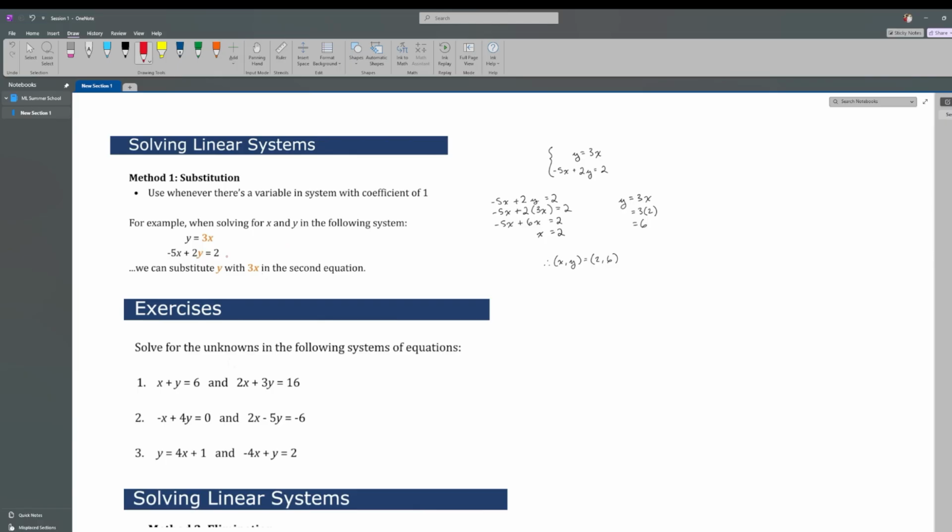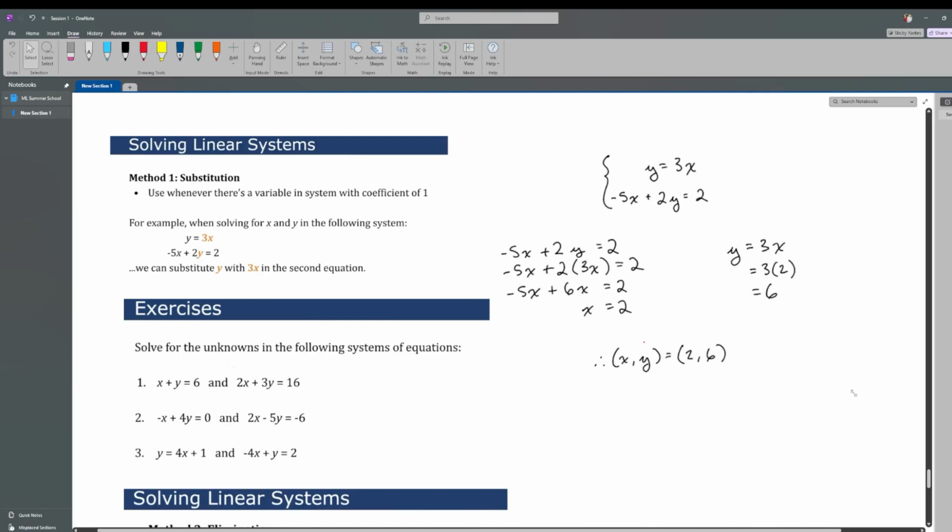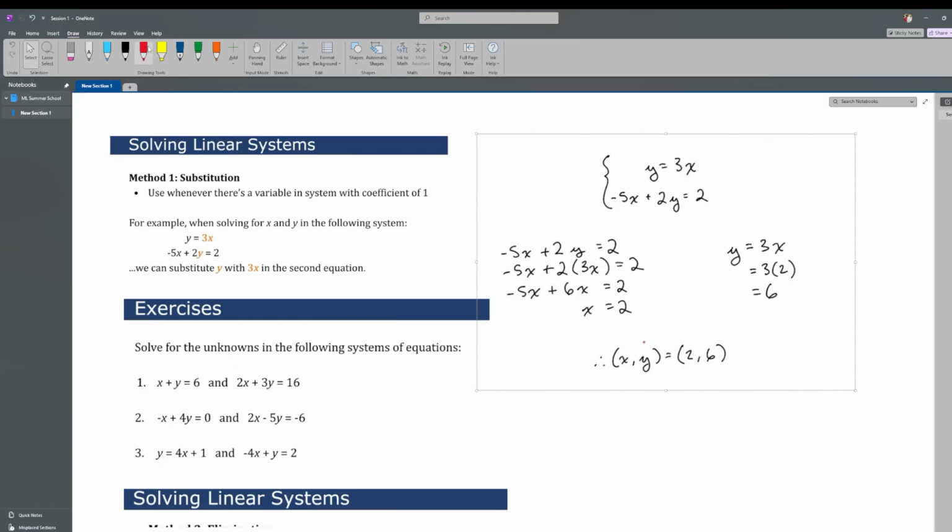There is something called substitution. Let's zoom in a bit, this is how we can solve this problem. We have y equals 3x, and we have minus 5x plus 2y equals 2. You can see y has the value 3x, so in minus 5x plus 2y equals 2 we can just replace this value.